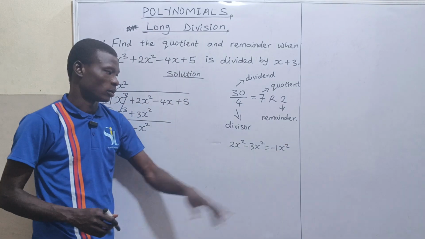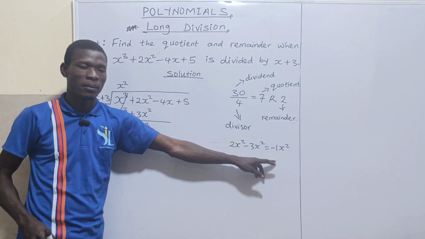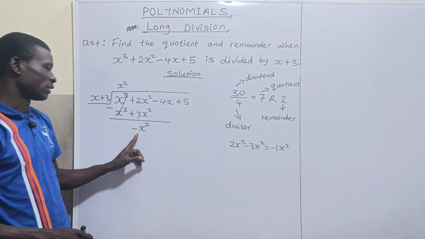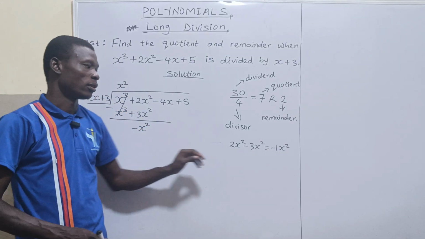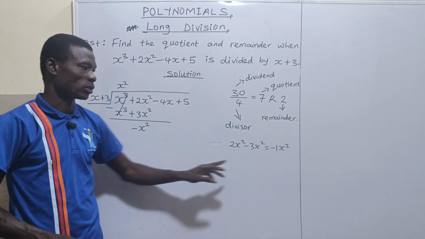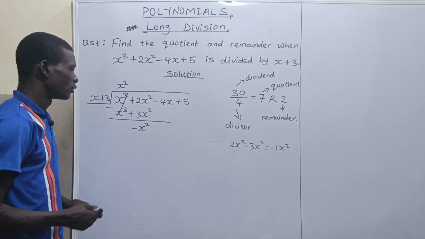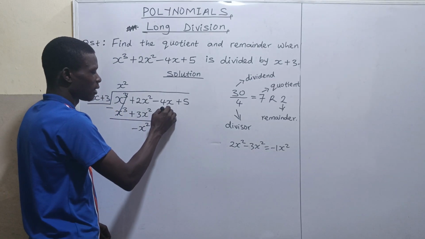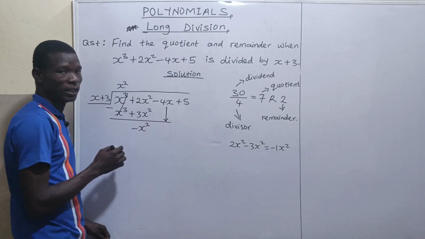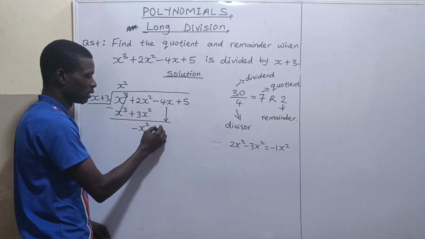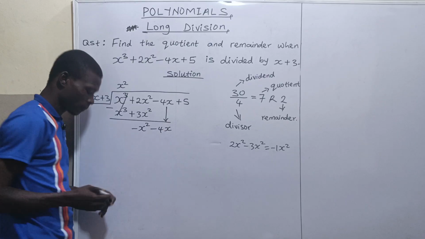But in mathematics, we don't write this negative 1, because even when it is written as x squared alone, we know that the coefficient of x squared is actually negative 1. So once we achieve that, we use our arrow to bring down the next term, which is negative 4x.